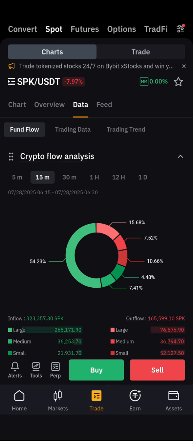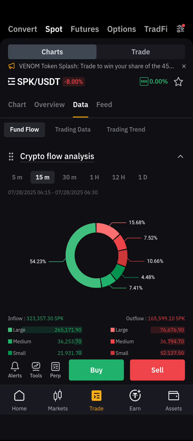Wow, I think it's the right time for us to dive into this particular cryptocurrency coin, and also be very patient. You can see the inflow is over 323 million, and the outflow is over 165 million.